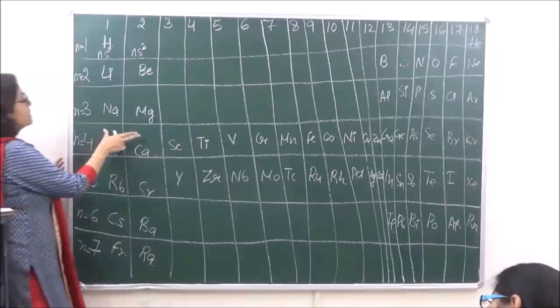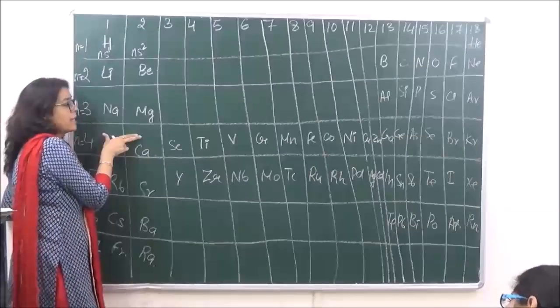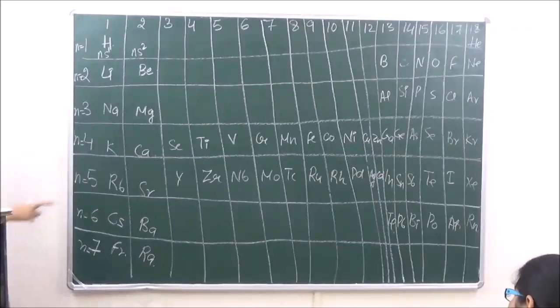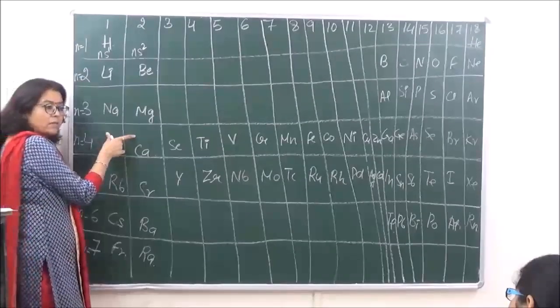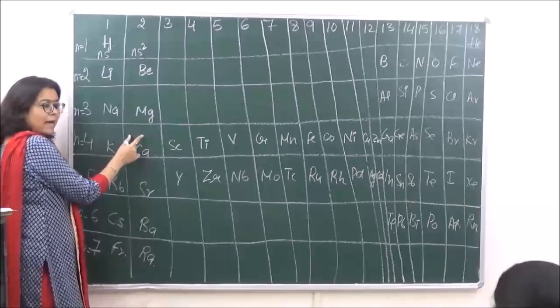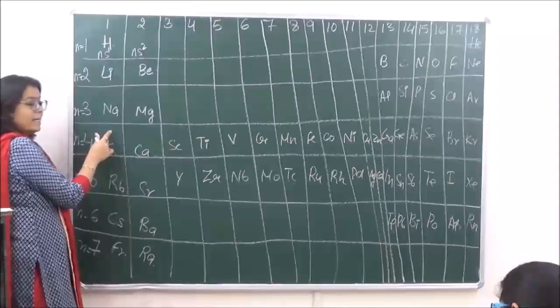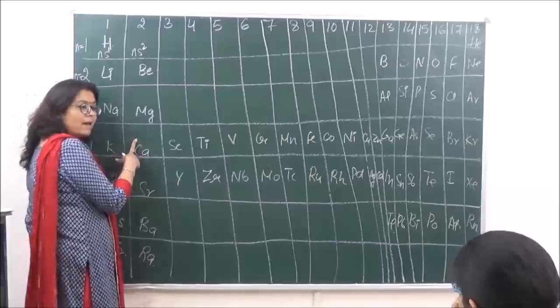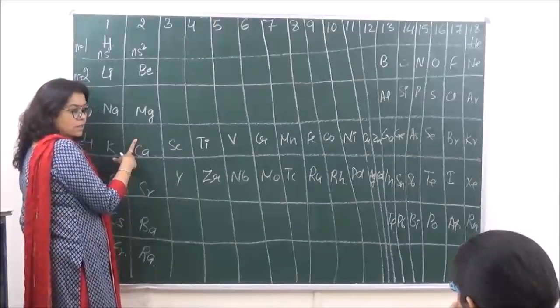So these elements, because the outermost electron is entering the s subshell, are known as s block elements. The group 1 elements are known as alkali metals and group 2 as alkaline earth metals.